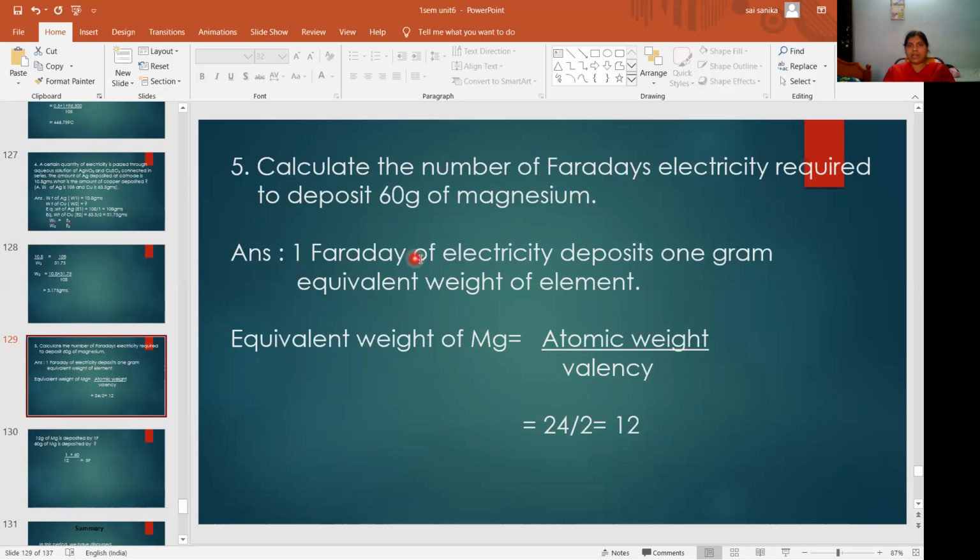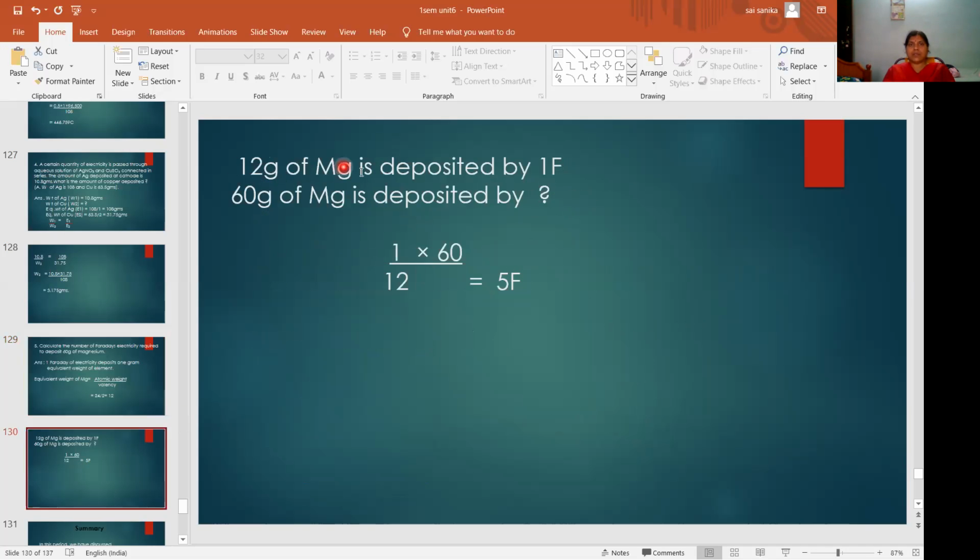So when 1 Faraday of electricity passes, this much magnesium is deposited, because this is the equivalent weight of magnesium. Whatever its equivalent weight, that weight will deposit by passing 1 Faraday of electricity. He is asking, if 60 grams of magnesium is deposited, how many Faradays of electricity are required? Here 12 grams of magnesium is deposited by 1 Faraday.